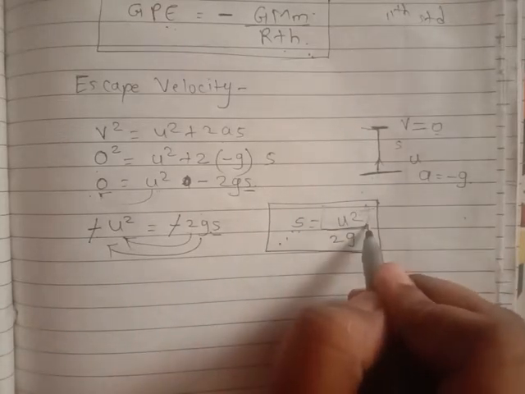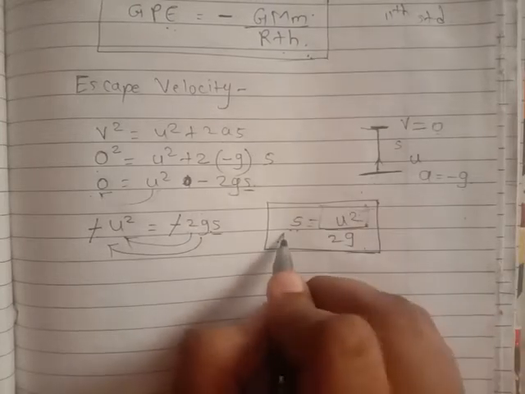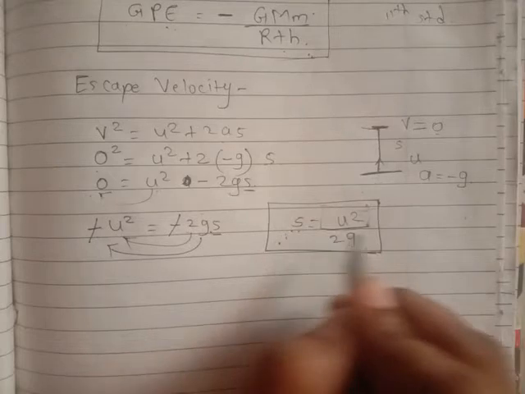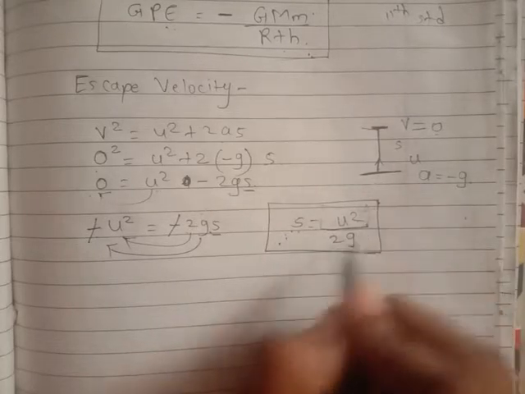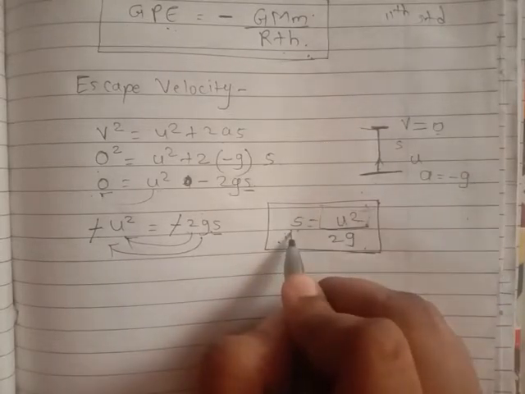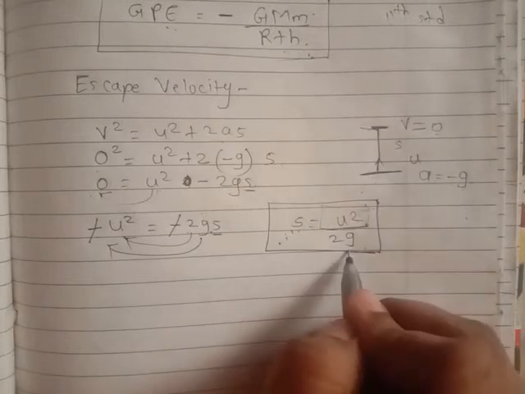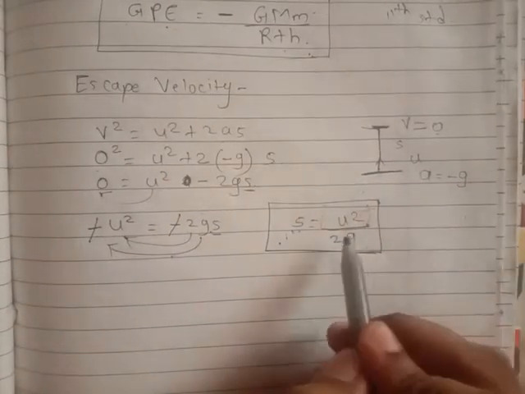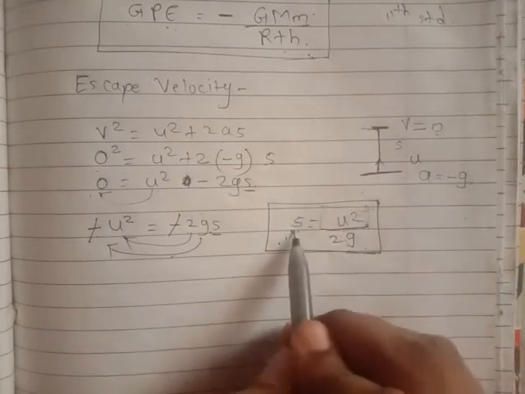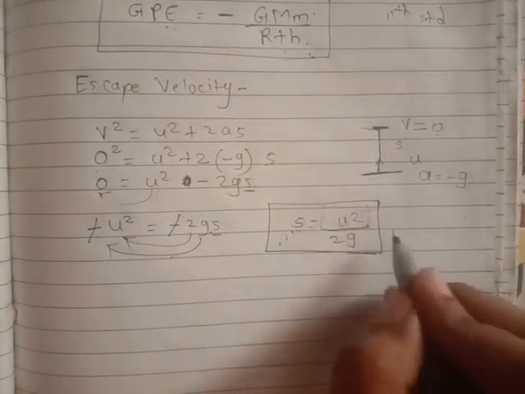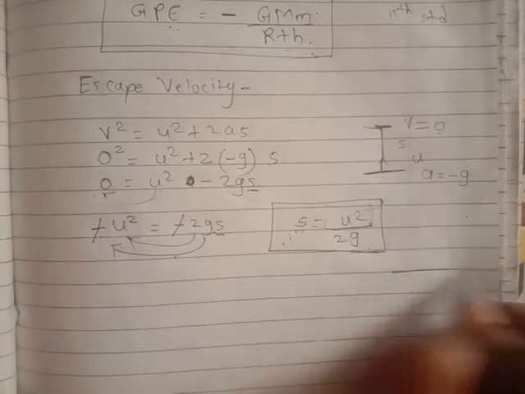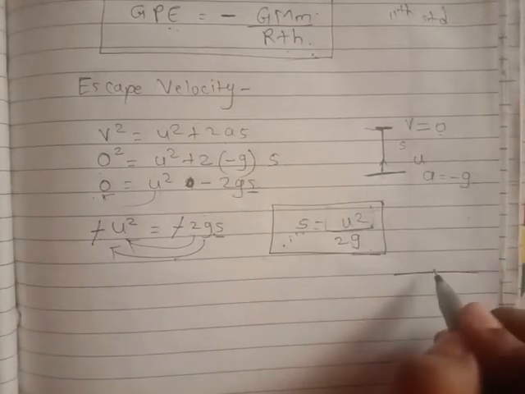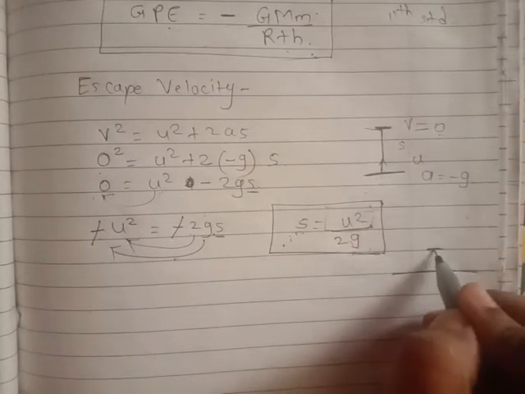Whatever initial velocity you provide will be converted into its maximum displacement. The greater the initial velocity, the greater the displacement. So by this formula you can conclude that initial velocity is most important for the maximum displacement.